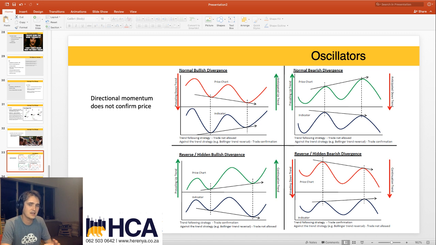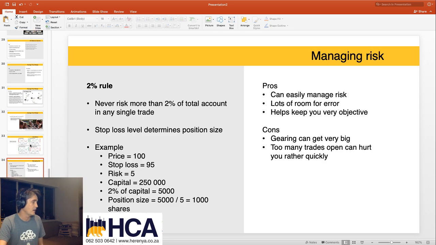So in this case, this is a trend continuation signal. Sorry, I should mention that the 2 previous ones that we worked through, the top 2 over here, are trend reversal indicators, not signals, right? Then reverse bearish divergence is when price is making lower highs, but your momentum indicator is making higher highs. So this is once again a trend continuation signal, right?